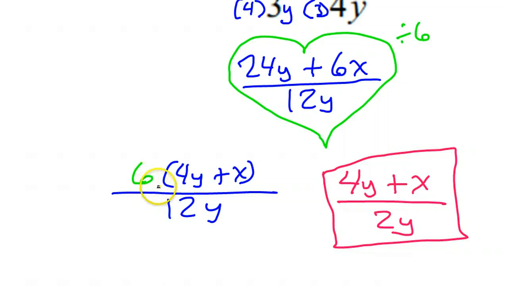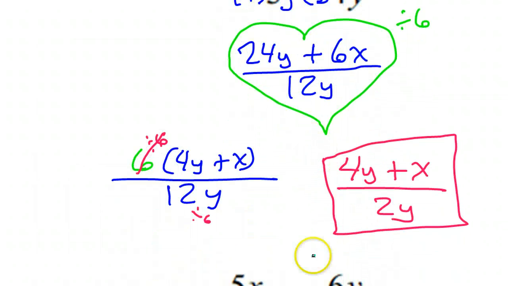Then you could look at the 6 and the 12 and divide these both by 6. 6 divided by 6 cancels out, leaving 4y plus x, and 12 divided by 6 is 2, leaving 2y. To me, it was easier to just divide everything by 6. One step. One and done.